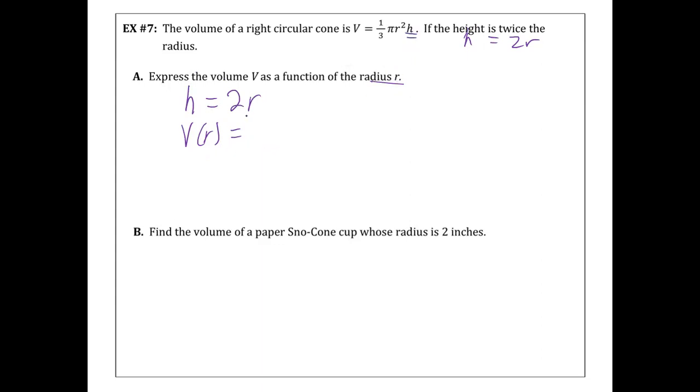I'm replacing the H with what they've given me. So we have 1/3 pi R squared, but instead of H, we're writing 2R. And now we're going to clean this up. So V of R equals 2/3 pi R cubed.